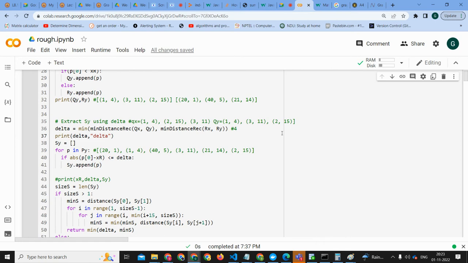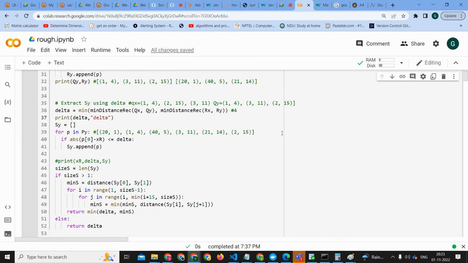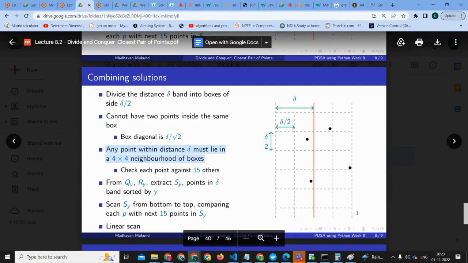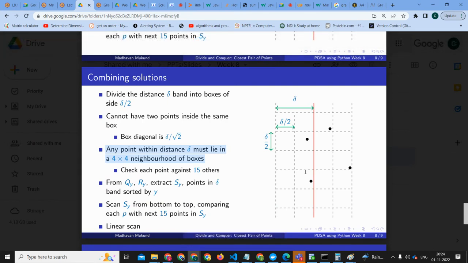While merging, we have calculated delta for each region and took the minimum of both, the minimum delta. So we are constructing a new region that is the intersection of the two regions, where we draw a line between the two regions. We take left of that line delta and right of that line delta, and we are calling this region SY.